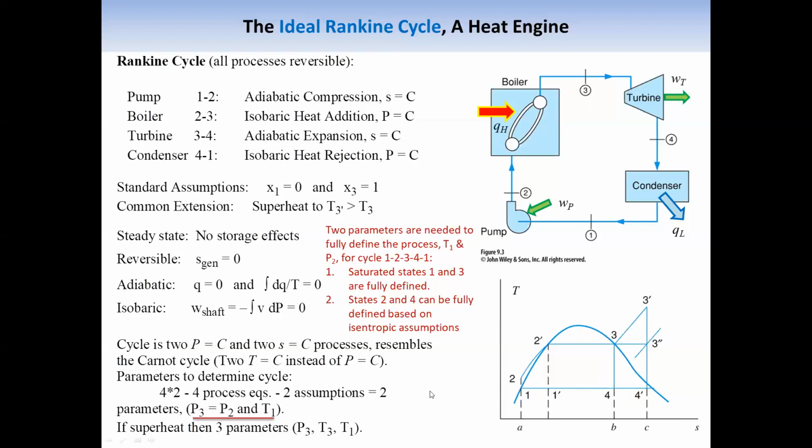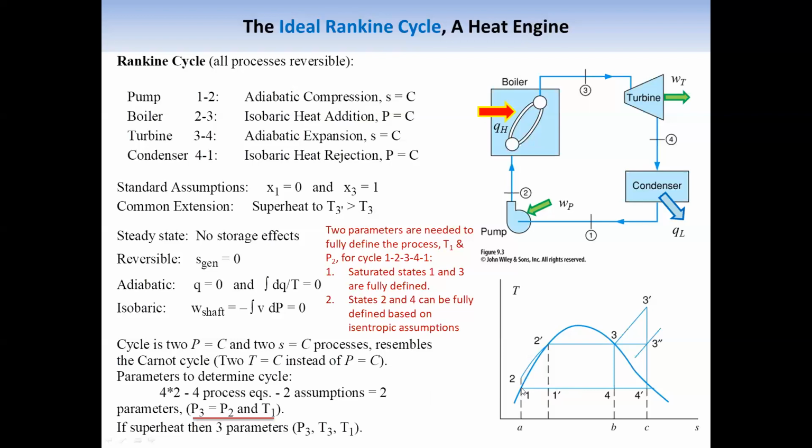They are not reversible. So usually we have to know the isentropic efficiency of the turbine. If we are given the isentropic efficiency, we can estimate the actual location of state 2.